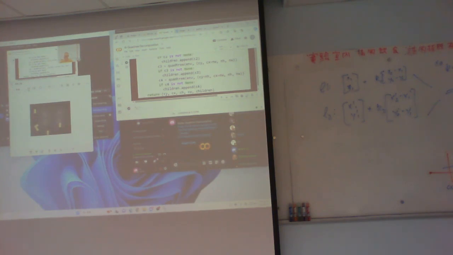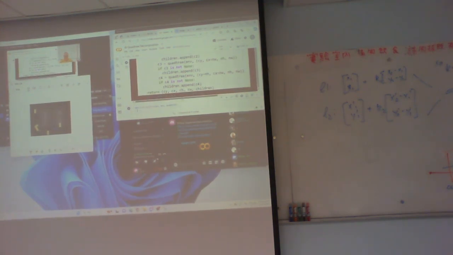So then I want to take that and draw the quadtree, because otherwise it's a little bit hard to debug, right? So I can pass in the environment, the axis, and the quadtree. And then what do we need to draw?